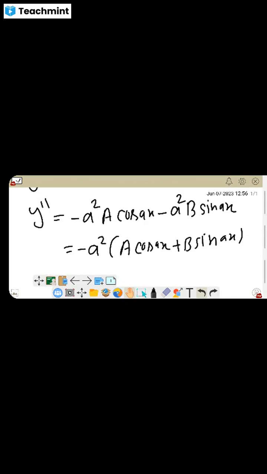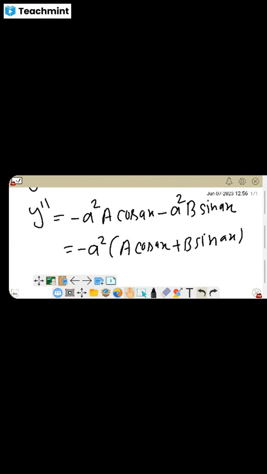Shall we do a question? Here y double dash minus 6y dash plus 5y is equal to cos 2x.